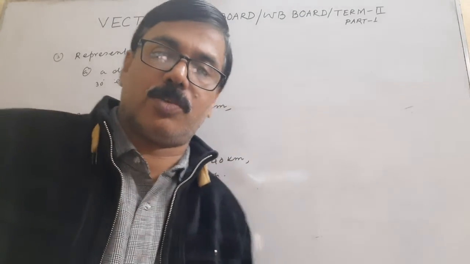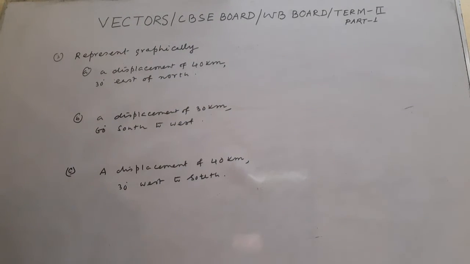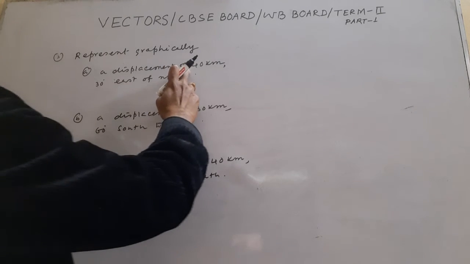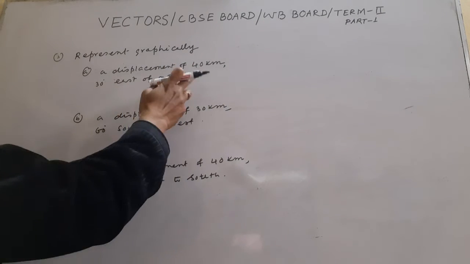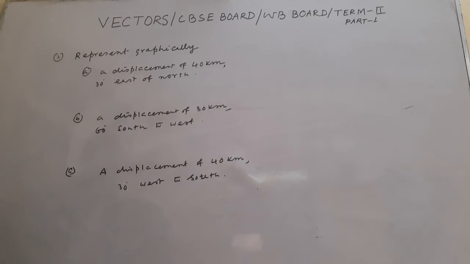Now, basic concept: a displacement. We know displacement is a vector. A displacement of 40 kilometer, 30 degree east of north.